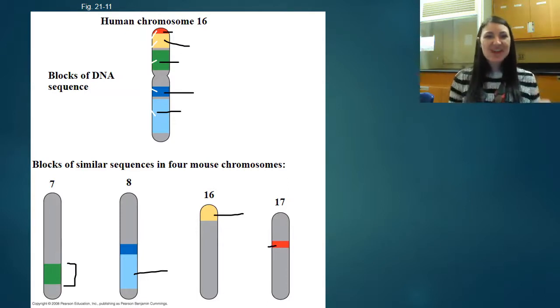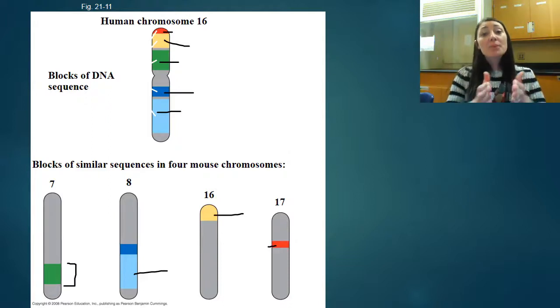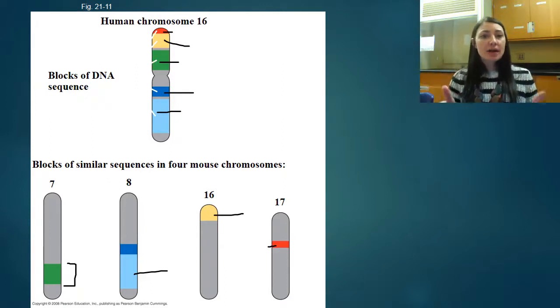And what this suggests is that humans and mice shared a common ancestor, and those 5 blocks of DNA on the chromosome stayed together up until the point where there was a divergence between the most recent common ancestor between humans and mice. So comparison of chromosomes gives us a really good idea of when divergence occurred, and it's just another key to figuring out taxonomic classifications.